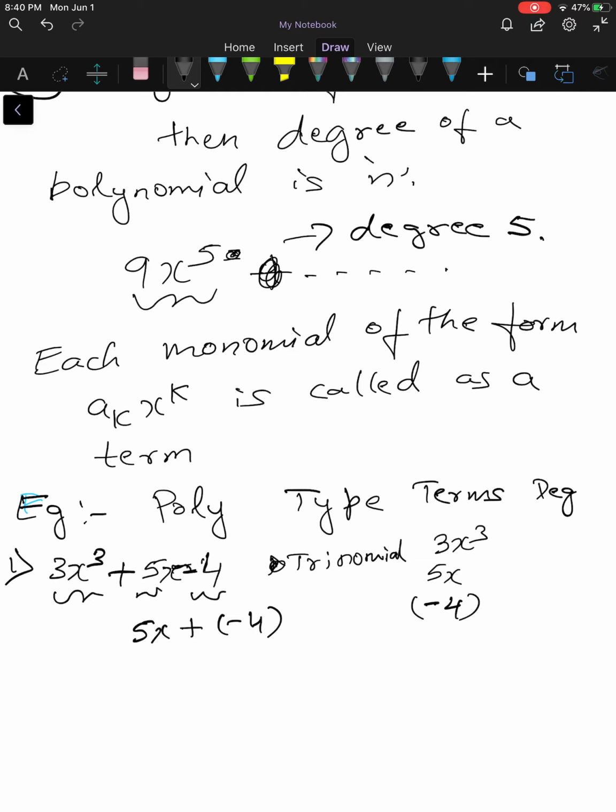Inner terms are B and C. And L represents last terms. Last terms of each expression are B and D. Therefore multiply them. So this is FOIL.